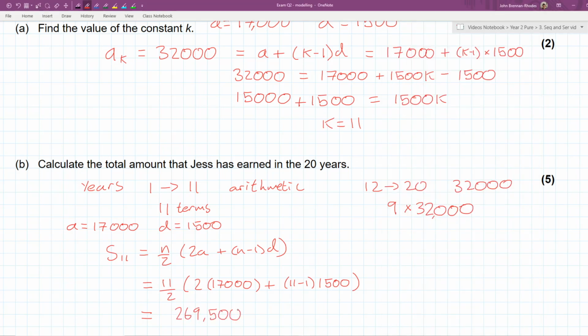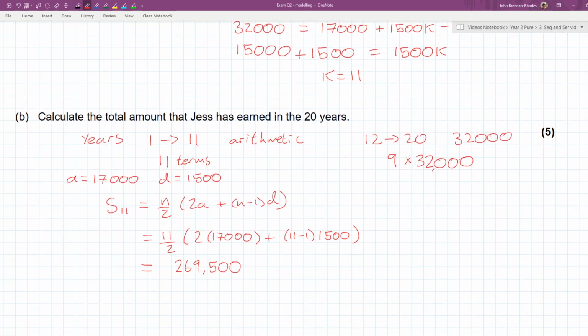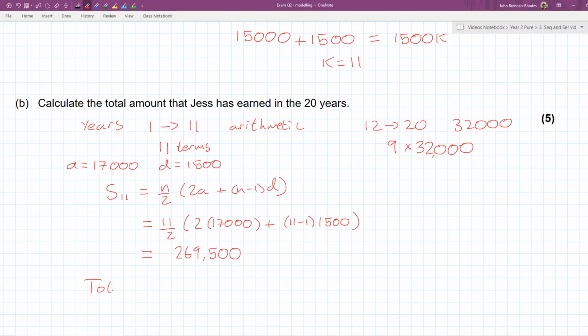And then I want to add, so the total in 20 years is going to equal 269,500 plus 9 times 32,000, for the 9 years where they just earn 32,000.